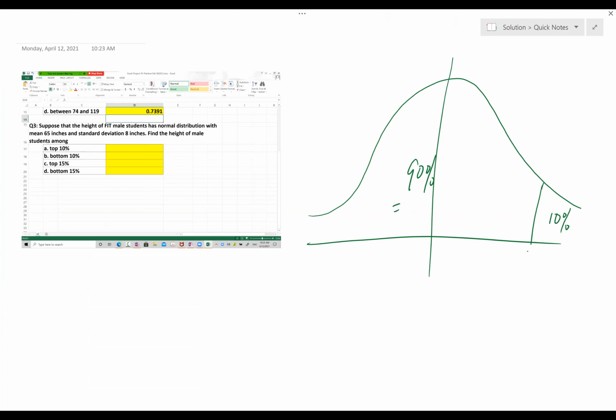The good thing is we can use this area to the left, which is 0.9000, to find the corresponding z-score. Because they want us to find the height of male students, the cutoff height separating the bottom 90% from the top 10%, we use 0.9000 to find the corresponding z-score.